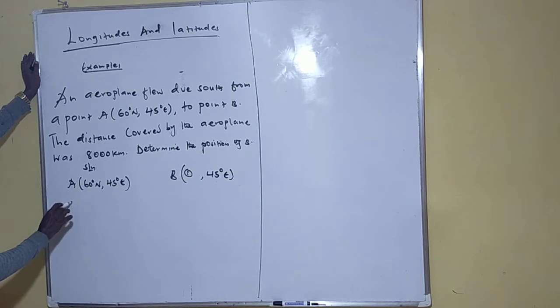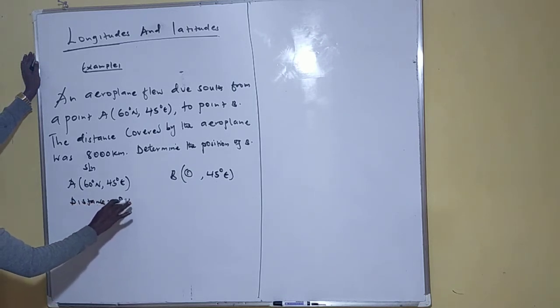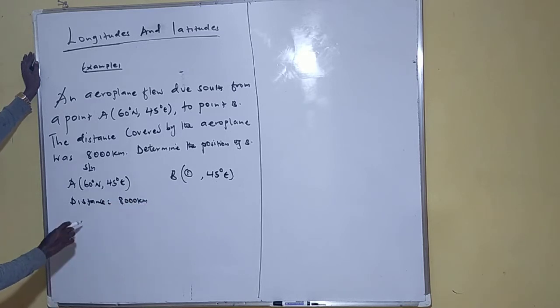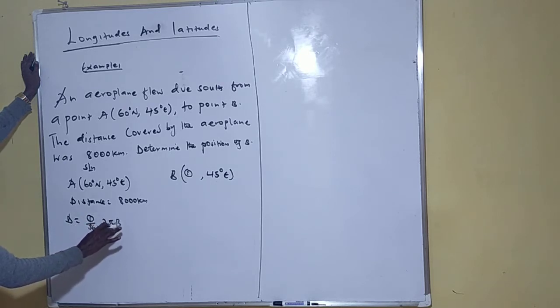Then what you know is that we have our distance, 8,000 kilometer. On a great circle, distance is equal to theta over 360 times 2 pi r, where r is the radius of the earth.